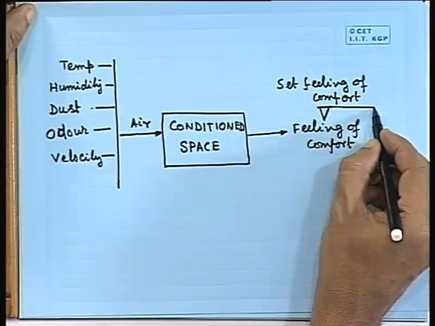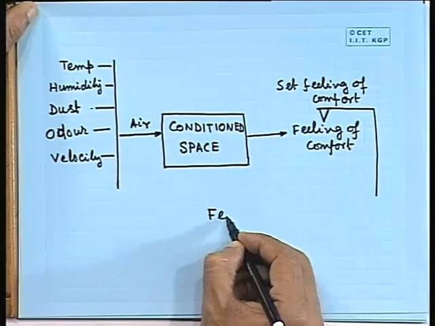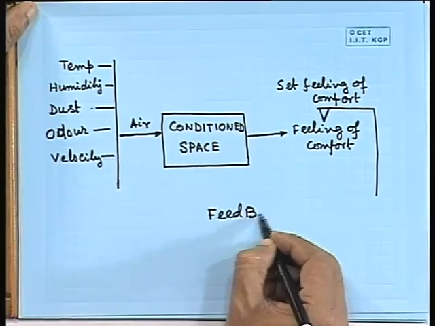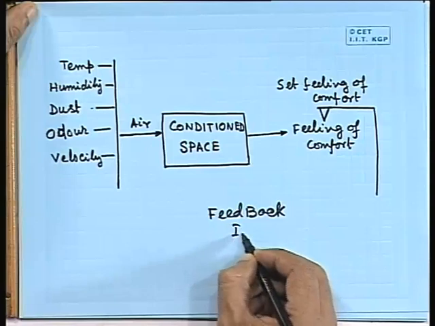Or it can be like this: we have assumed that in this room if we maintain 25 degree Celsius temperature, then everybody should be satisfied, but I am seeing that the temperature is 23 degree Celsius. So, these two are not matching. If these two are not matching, then there will be feedback information.